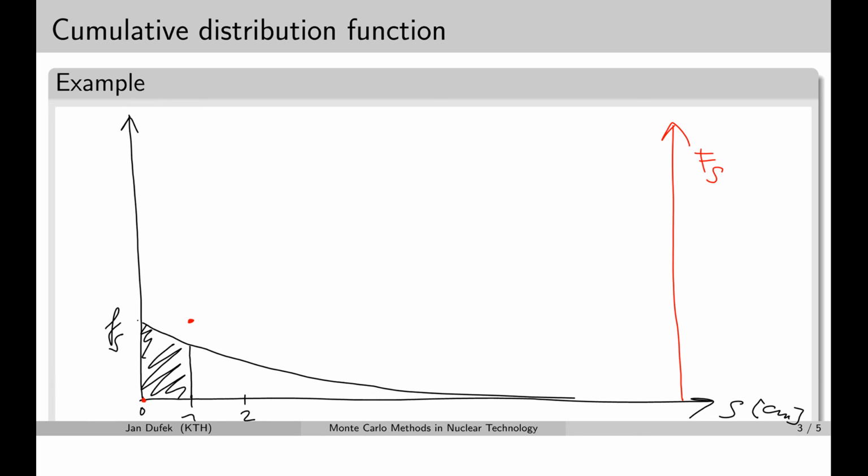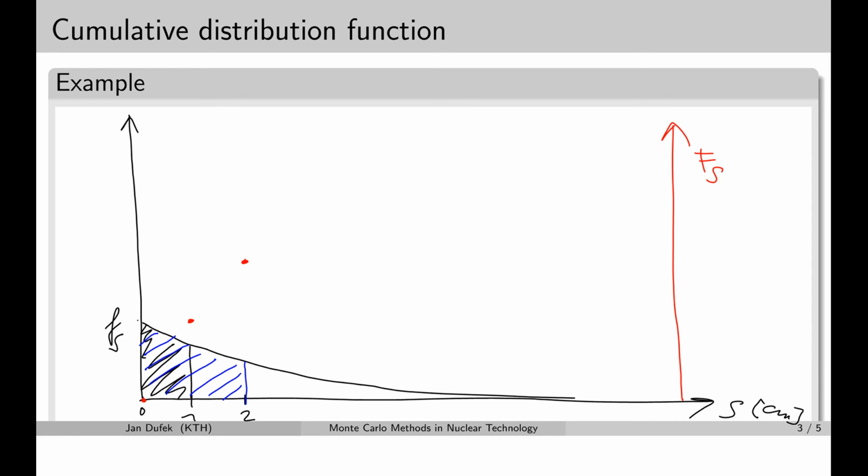If we wanted to calculate the cumulative distribution function for 2 centimeter, we would then integrate the area from 0 up to 2 centimeter, and we would obtain another value like that. However, calculating the cumulative distribution function this way would not be very practical, because there are infinitely many values for which we would have to calculate the cumulative distribution function value.